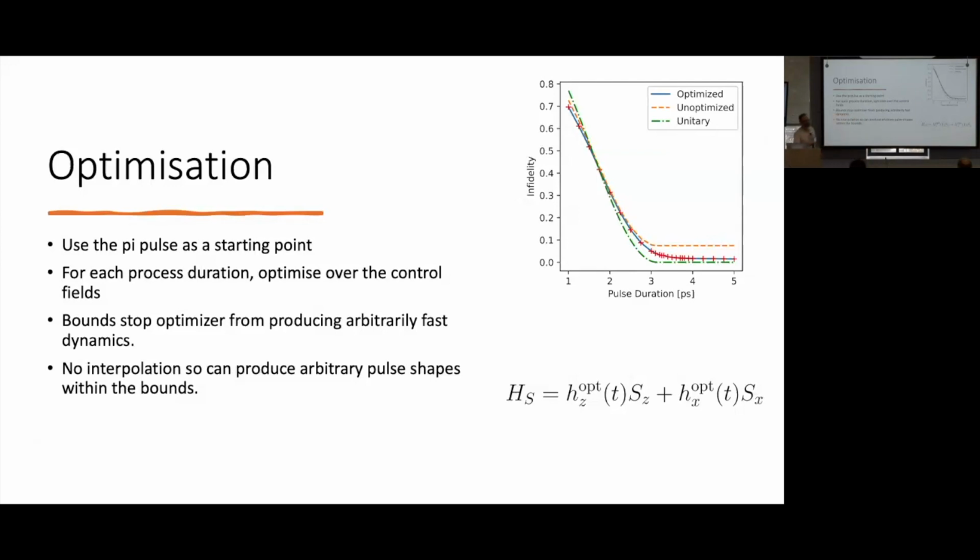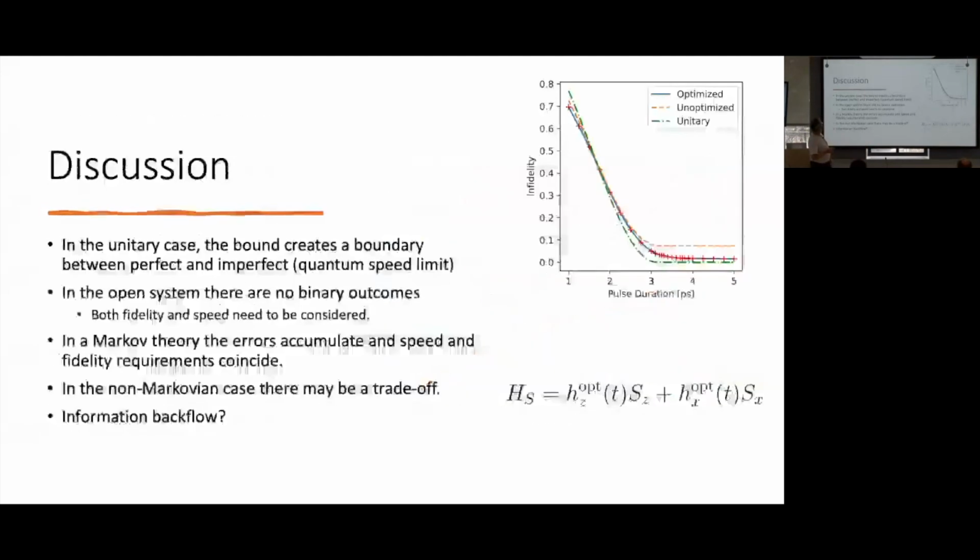I don't know how far out that continues, but it's an interesting effect. So here, unlike the unitary case, where you have a simple speed limit, it's either perfect or imperfect, you've got speed and fidelity to think about. And unlike a Markovian case, speed and fidelity compete. So if you want higher fidelity, you can get it by going slower.